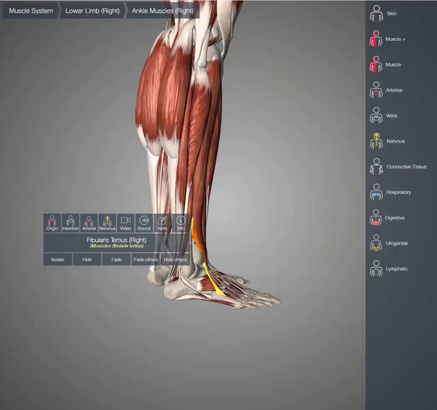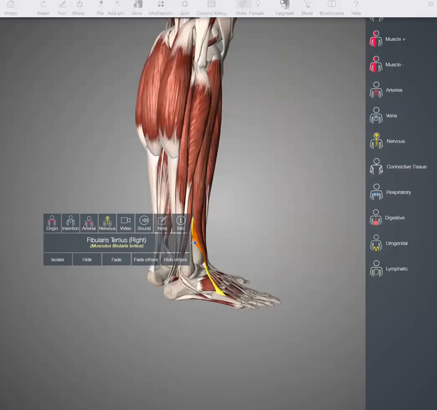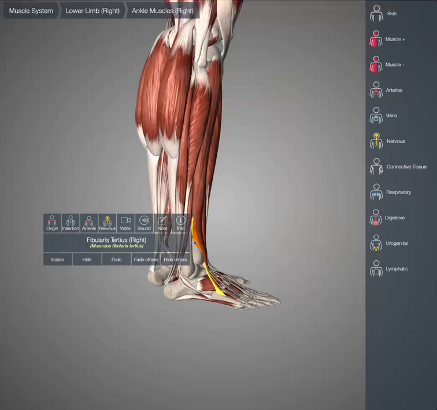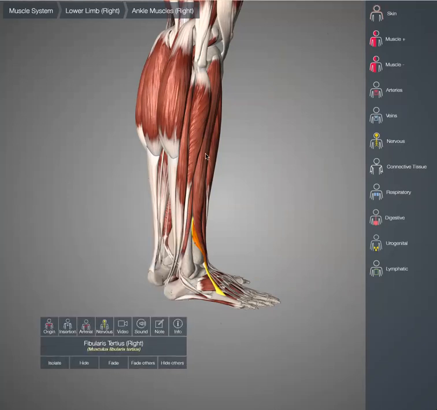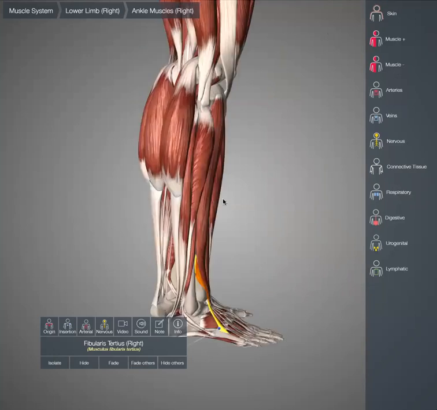We're going to go on to the next group, which is the muscles of the lateral compartment of the leg. Now, the muscles of the lateral compartment of the leg are mainly two muscles, the fibularis longus and the fibularis brevis.